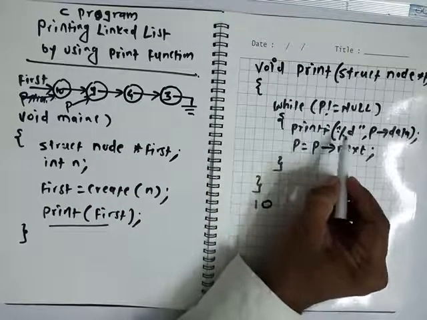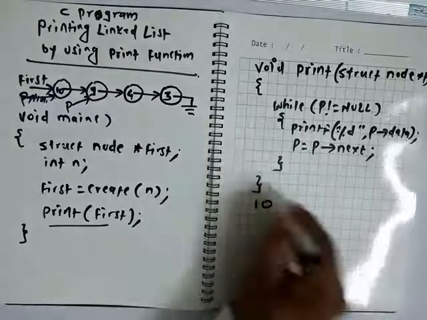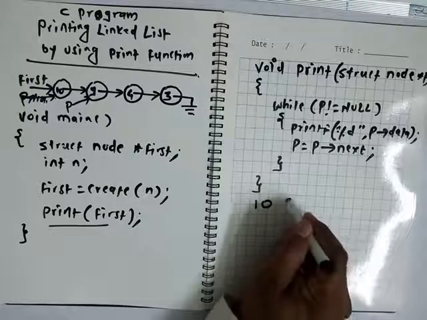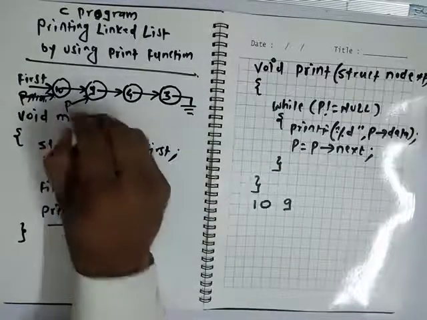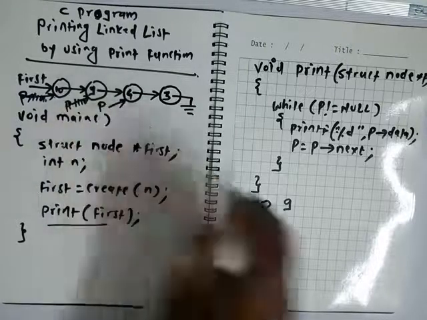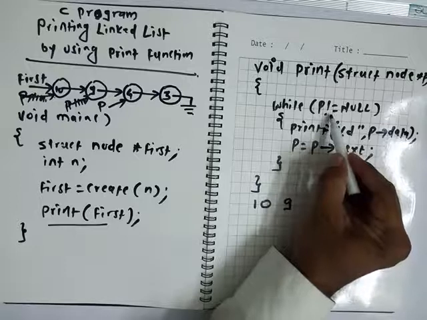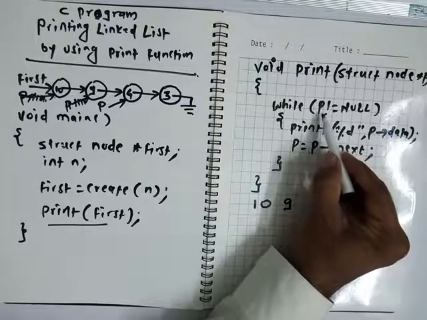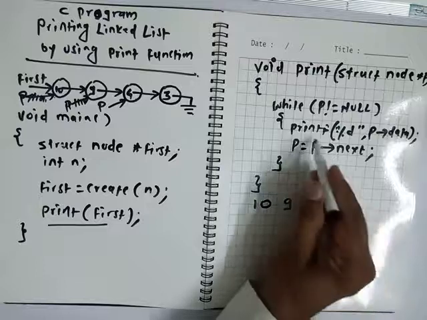It says print the data at p, so the data there is 9, so we'll print 9. Then we'll execute this. This says p equal to p next, which is pointing here, so p will point here. And then we'll go up and check whether p is null. p is not null, it's pointing to this node, so we'll execute this.